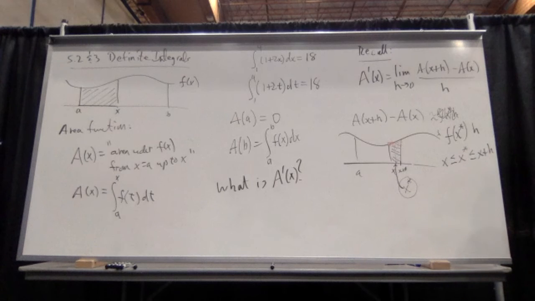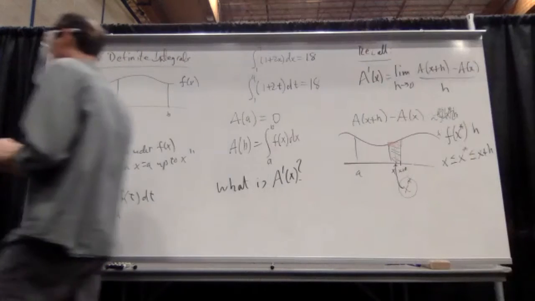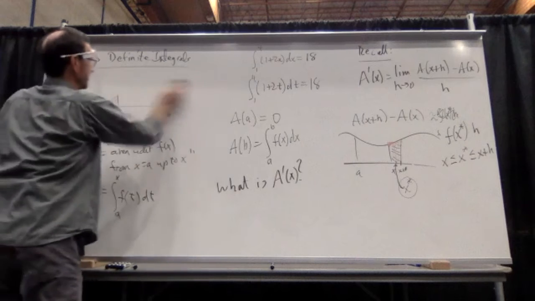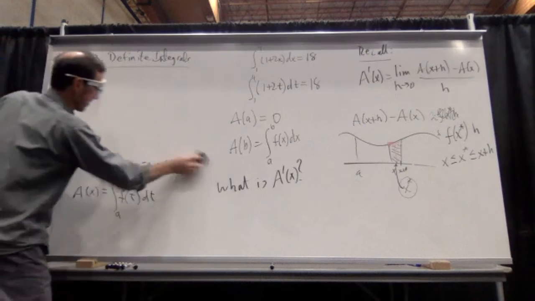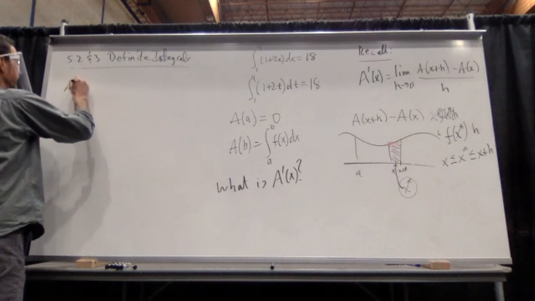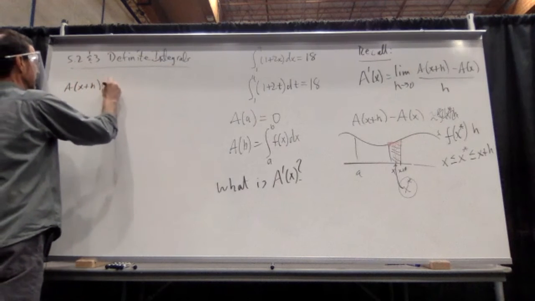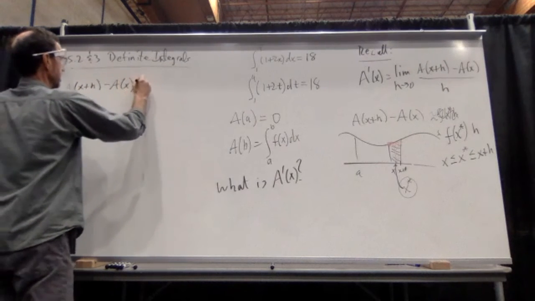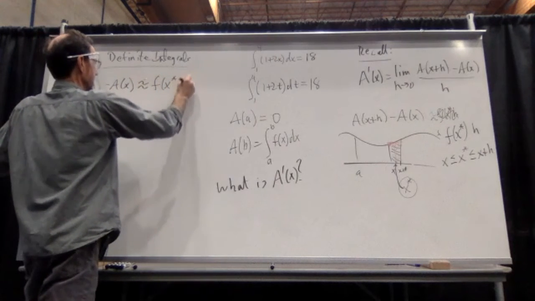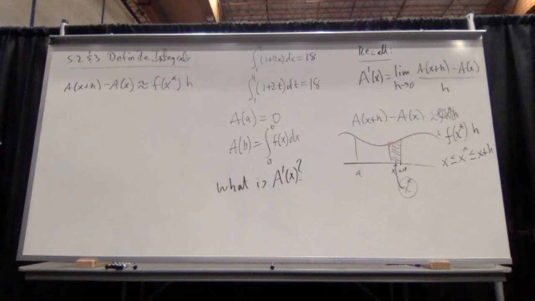So let me clean that up and rewrite it, and then we'll move ahead. So A of x plus h minus A of x is approximately equal to f of x star times h. The area of a rectangle.